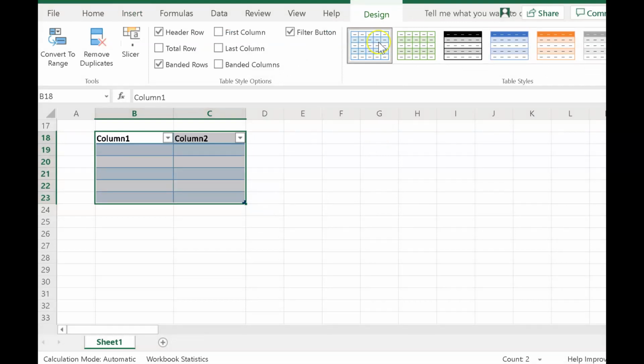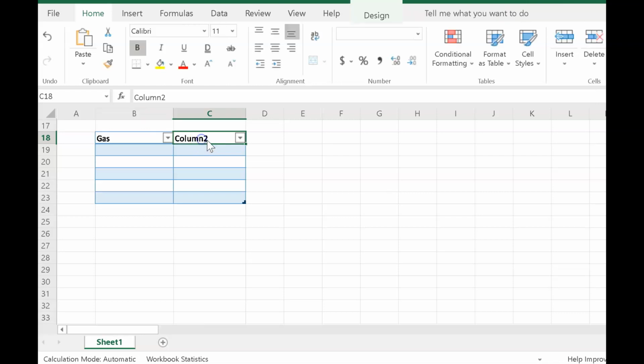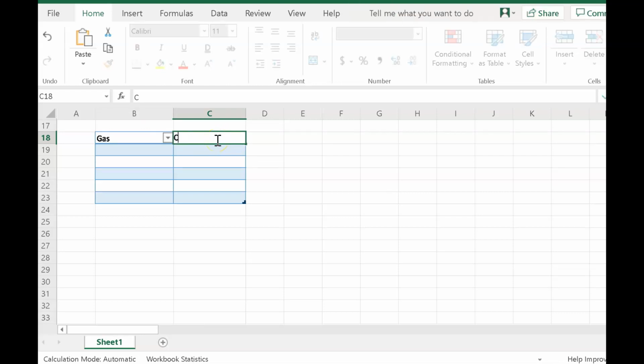And I want this one. So here we go. Column 1 will have the name of a gas, right? And column number 2 will be percentage. So percentage of the gas.